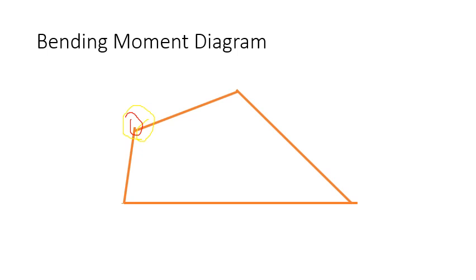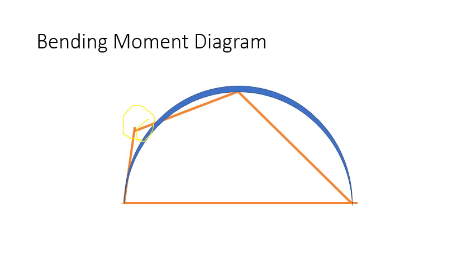So you superimpose the bending moment diagram of the horizontal action, and you get the bending moment diagram of the arch. Okay, so this is the bending moment diagram of the arch.